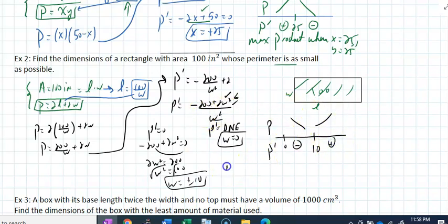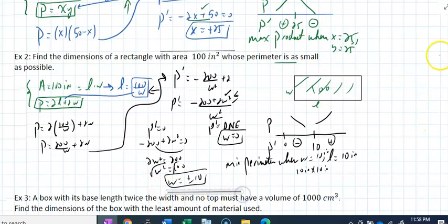So we have a minimum perimeter when the width equals 10 and the length equals, if I put a 10 right there, 100 divided by 10 will be 10. Or you could simply say 10 by 10. That will be the smallest possible perimeter, basically a square.